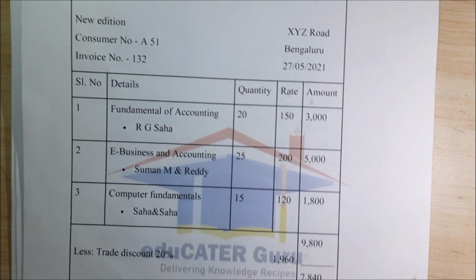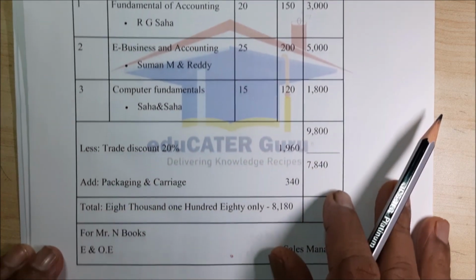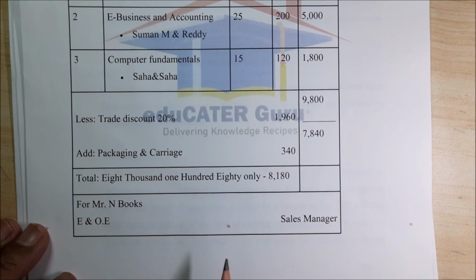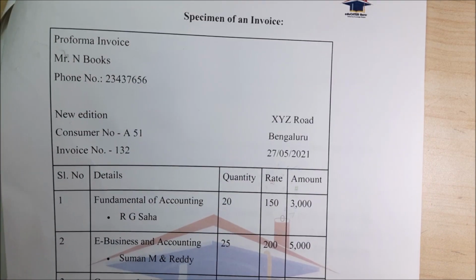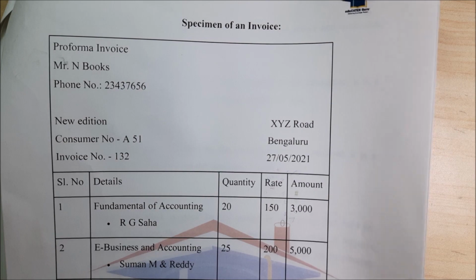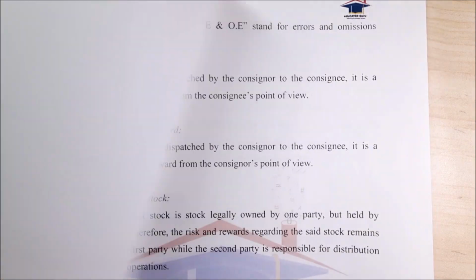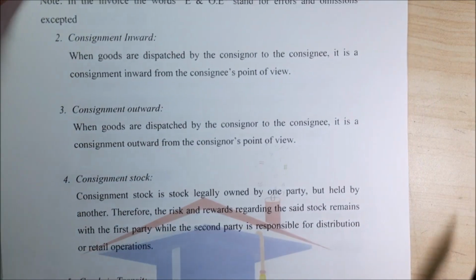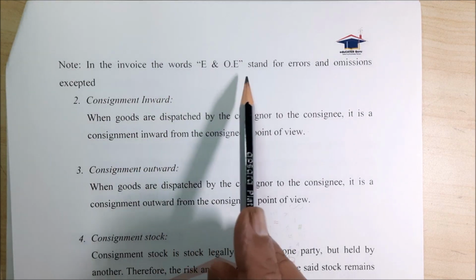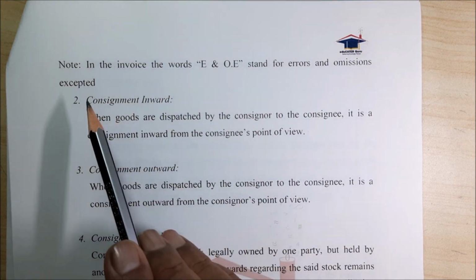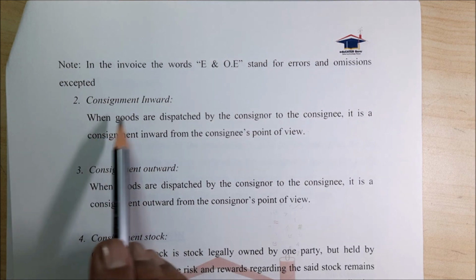This is what we mean by a specimen of a pro forma invoice. E and OE stands for errors and omissions accepted. I have already told you.